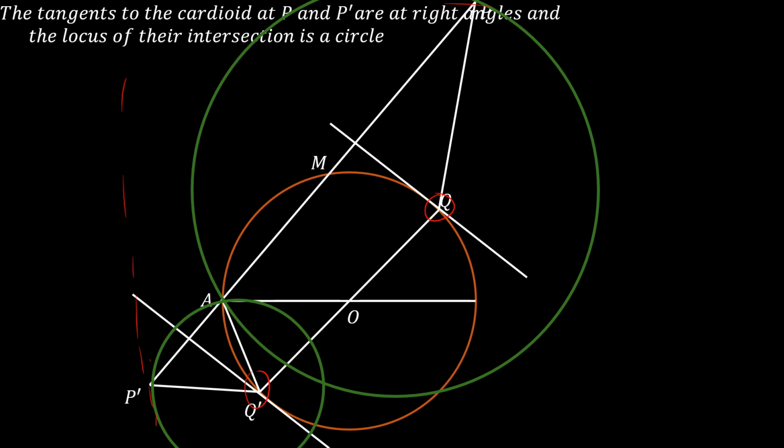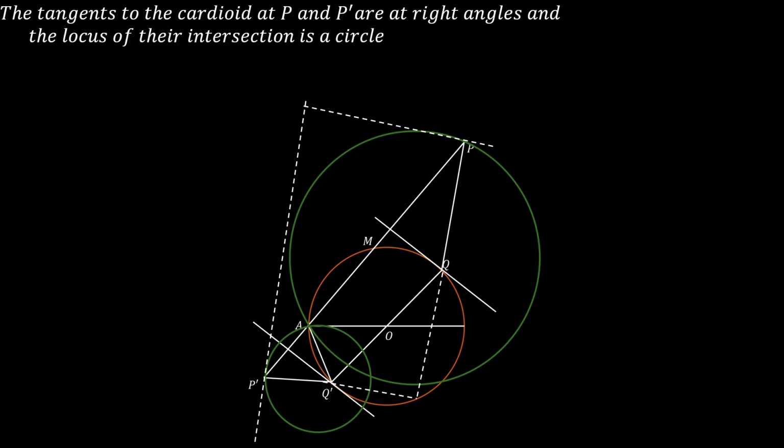That's easy to show. So this angle here is 90 degrees, and it's because this is also 90 degrees. Very obvious, but there's also another property that is worth having in mind.